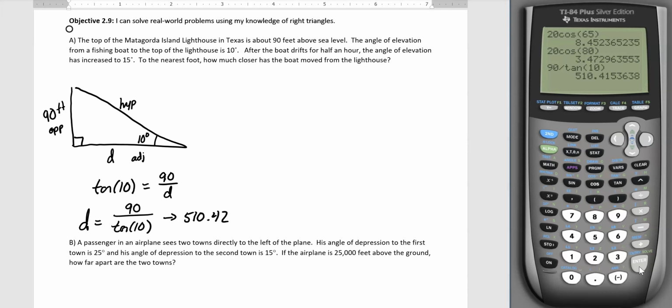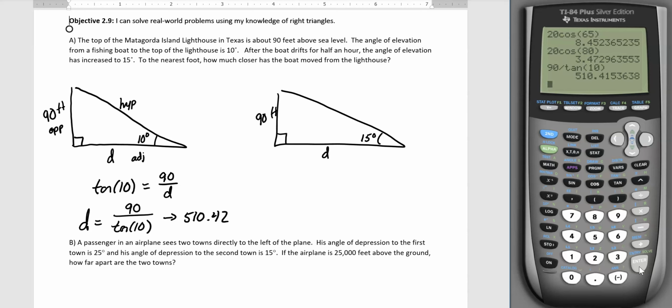After half an hour, the angle of elevation has increased to 15 degrees. So let's see how far away it is now. So we have this new triangle. It's 15 degrees now. The lighthouse is still 90 feet above sea level, and we're still trying to find our new distance.